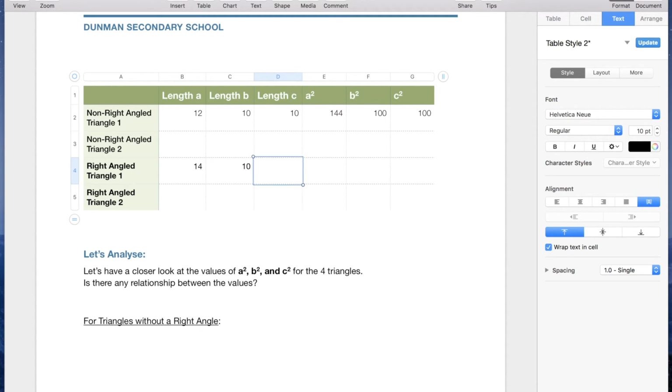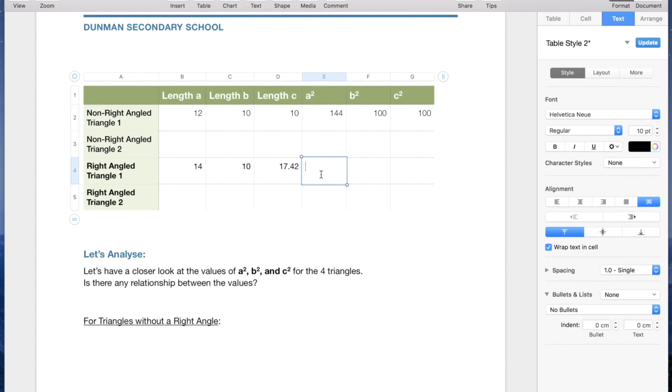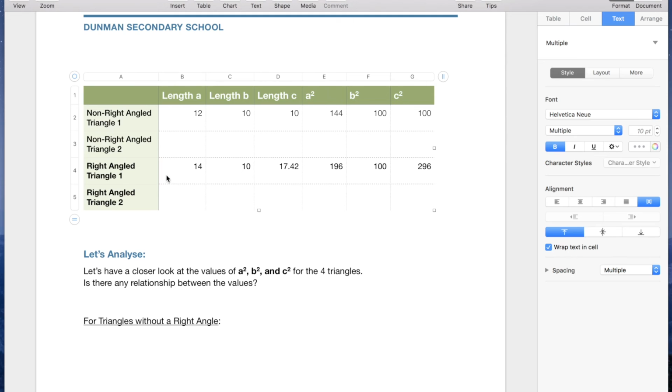Then A square, B square, and C square are already calculated for you: 196, 100, and 296. This is our first set of data for the first right angle triangle.